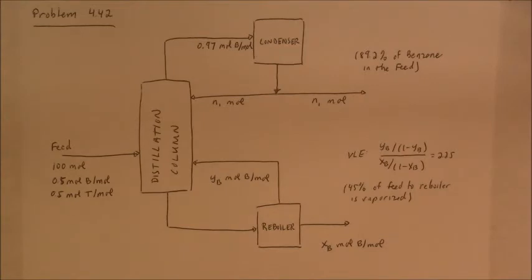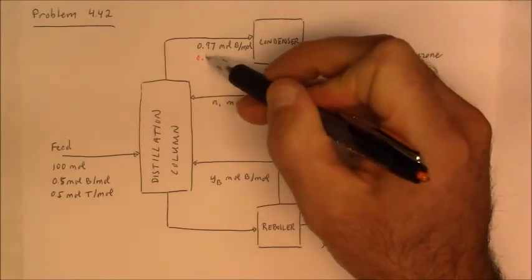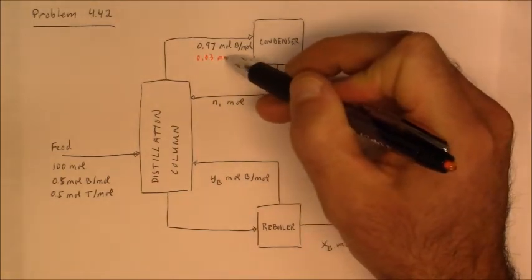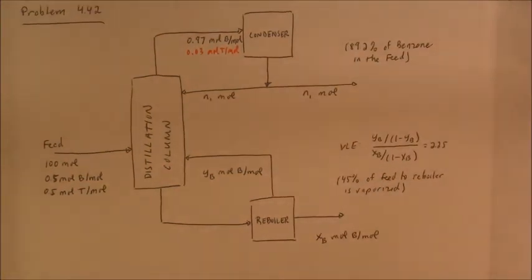Okay, so in the first case, I'm going to look up by the condenser. Because we know it's a binary system, we have only 2 components. Because we know the composition of benzene, we also know the composition of toluene, 0.03 moles T per mole.